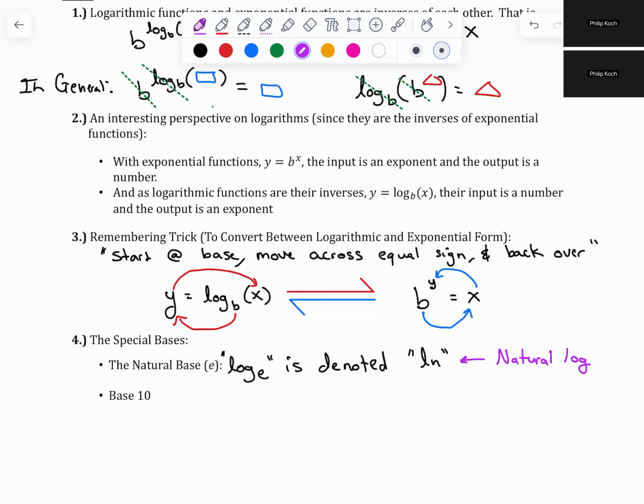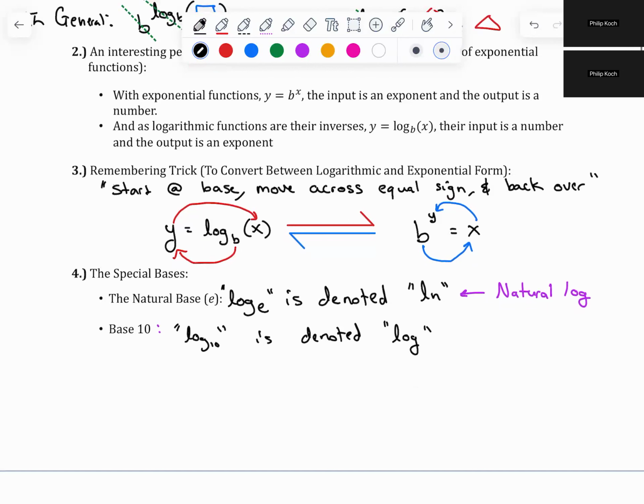And then base 10, and that's going to say that log base 10 is denoted log with no base. And that's the common log. Common log because it's base 10.